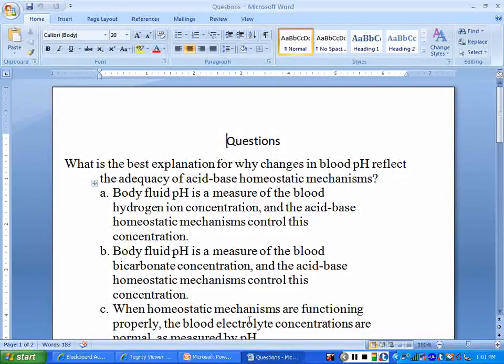Okay, so we have a pH of 7.47, a bicarb of 28, and a CO2 of 34. So our pH is high or low? High. What about our bicarb?